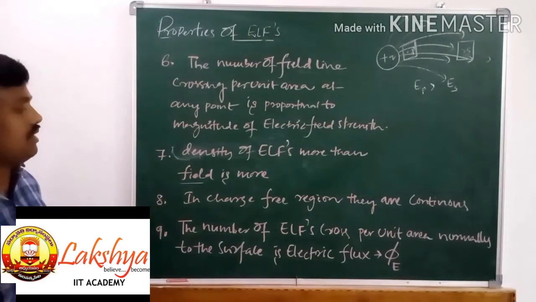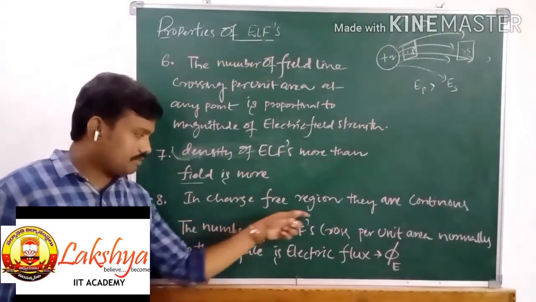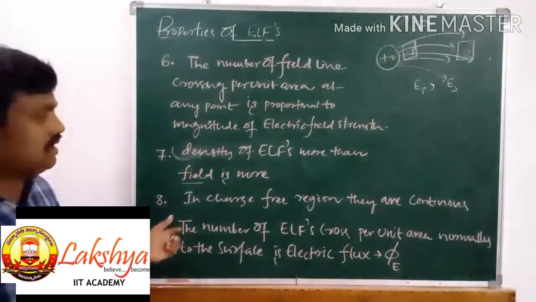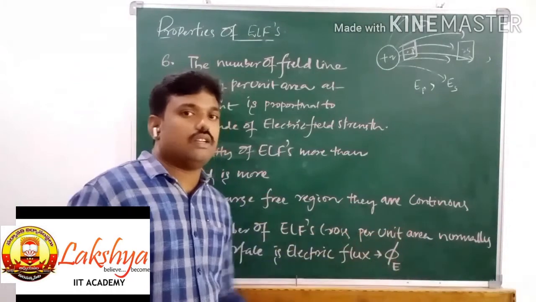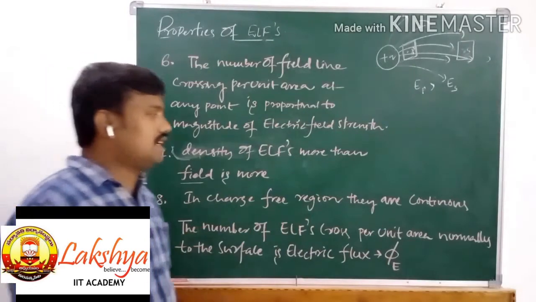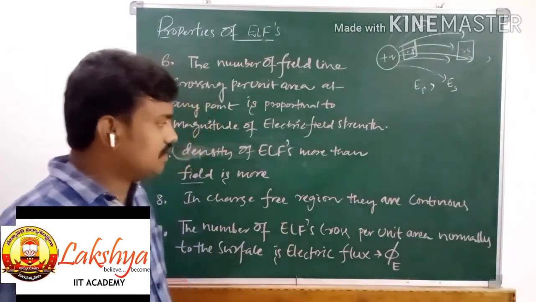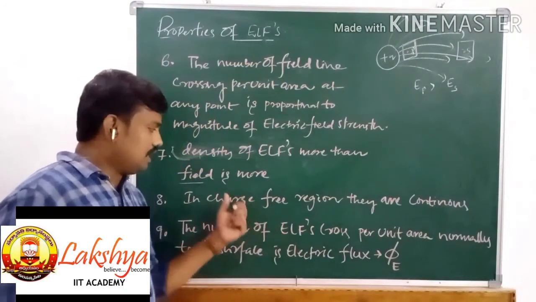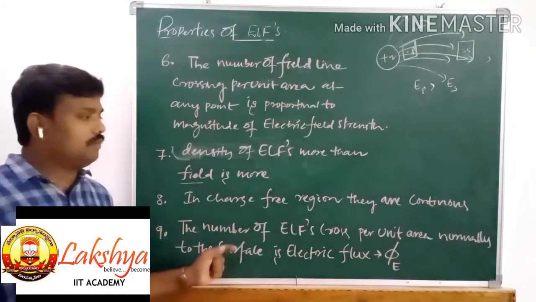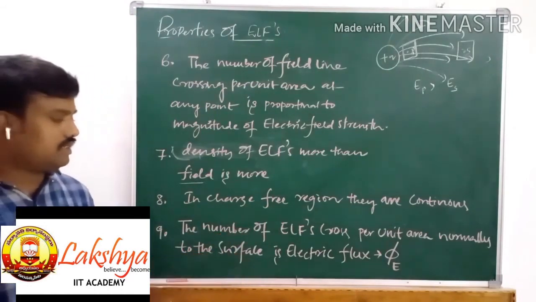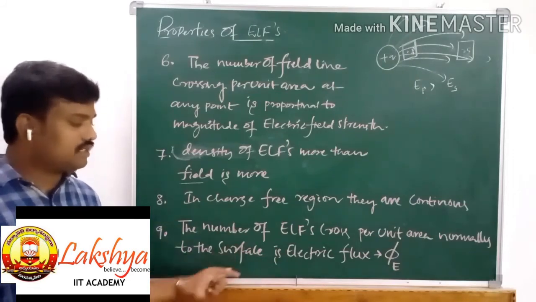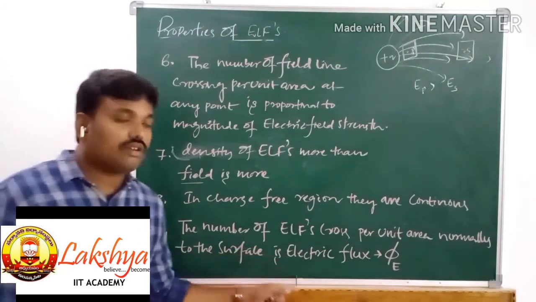Next, coming to the 8th point, the charge-free region. If there are no charges at all, we can expect the lines to be continuous. Continuous means there is no break at all, so they are continuous curves. But once there is the presence of another charge, we can have some break in those ELFs. And the next point: the number of ELFs crossing per unit area normal to the given surface, any surface that we take, is said to be electric flux.